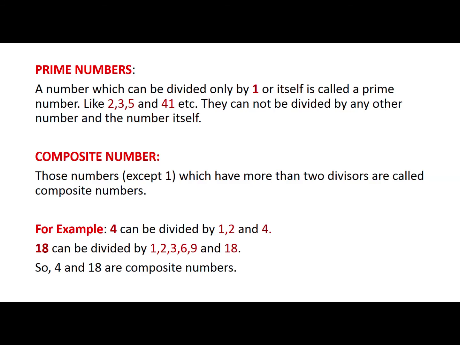For example, 4 can be divided by 1, 2 and 4. 18 can be divided by 1, 2, 3, 6, 9 and 18. So 4 and 18 are composite numbers.